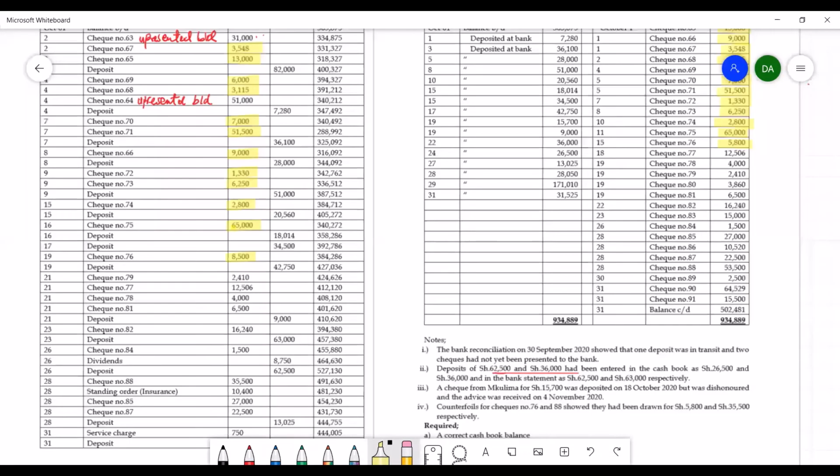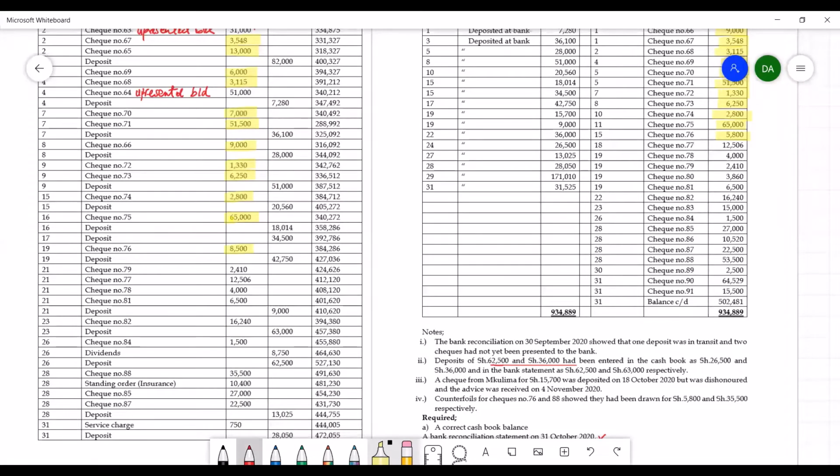In additional information number 4 here, it says that counterfoils for check number 76 and 88 show that they had been drawn for 5,800 and 35,500. So it means this check number 76, the amount should be 5,800. And that means this amount here is an error. The amount in the cash book is correct, but the amount in the bank statement is an error.